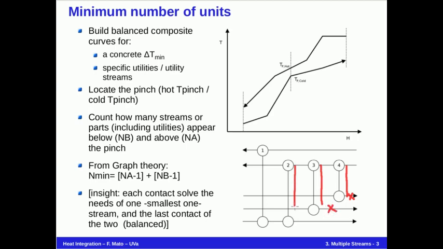You make the third contact, here you eliminate the needs of this stream, and in the last contact, because it is balanced, you eliminate the needs of both streams, then you are finished. The minimum number of contacts is then the number of streams minus 1, and this for every side of the pinch.